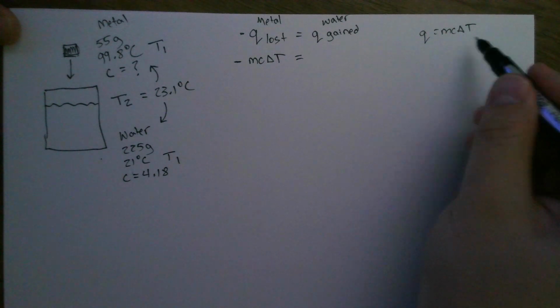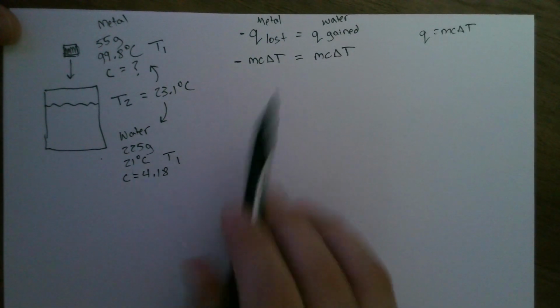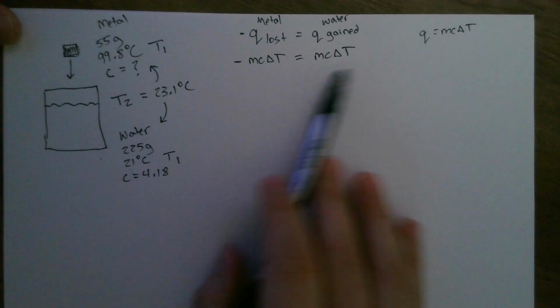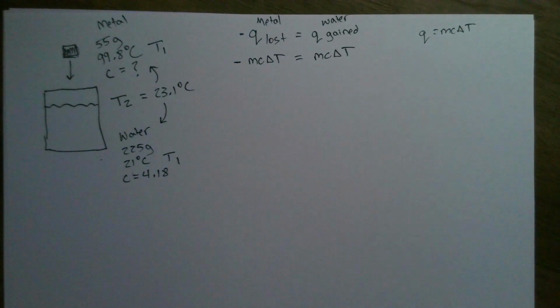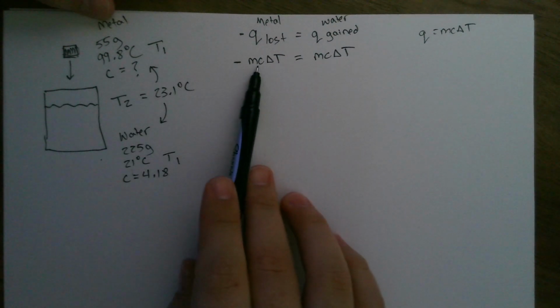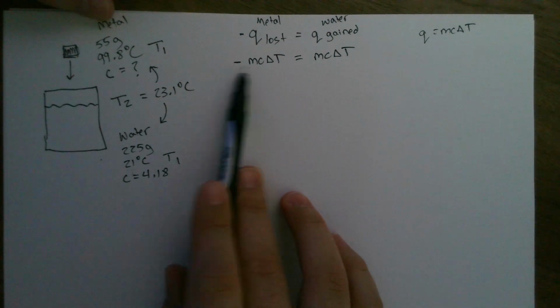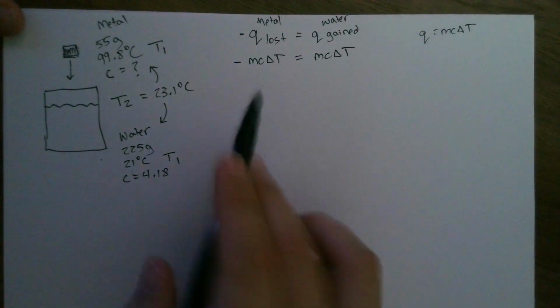I'm going to plug in MCΔT for Q. Over here on the left is the negative MCΔT of the metal equals the positive MCΔT of the water. And now we're just going to plug in. We have most of these variables. The one we're looking for is the specific heat of the metal, that's a C, this C. We have all this other information actually. So let's plug in what we know.